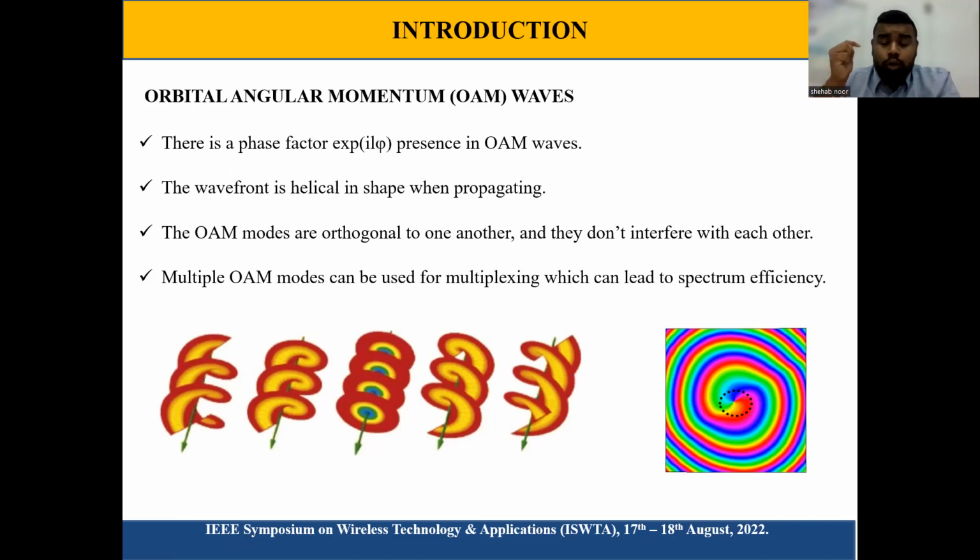If we have mode 2, then there will be two twistings in one complete cycle. This way, theoretically, we can have infinite number of OAM modes. And surprisingly, these OAM modes are orthogonal to each other. Being orthogonal, they don't interfere with each other. This way we can increase the spectrum efficiency.